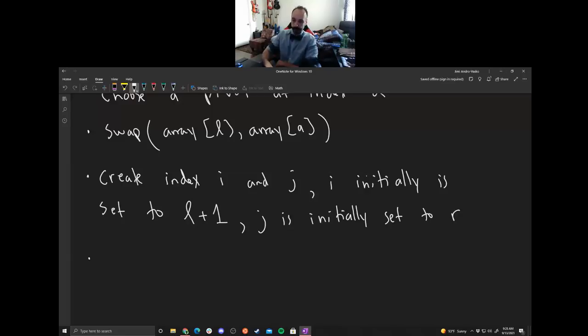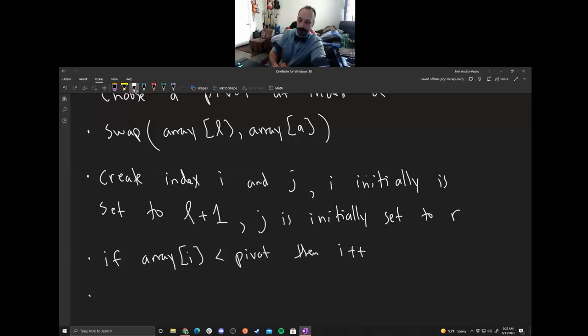So what's going to happen in our loop is, if the array at index I is less than our pivot value, which is the element at index L, then increment I by 1. And of course, if array index j is larger than the pivot, then j minus minus.